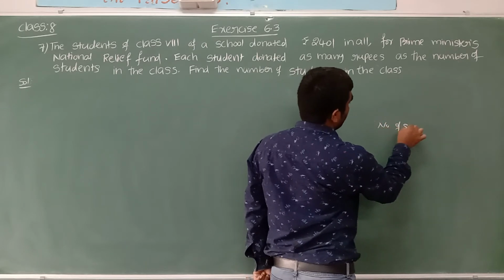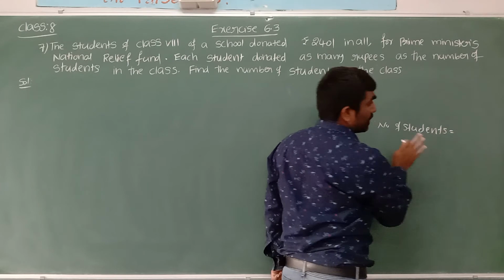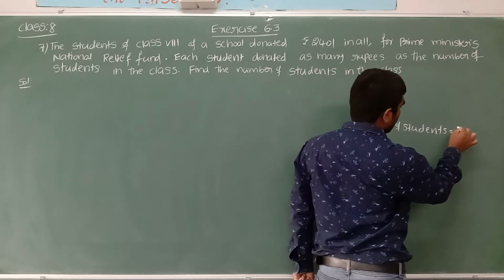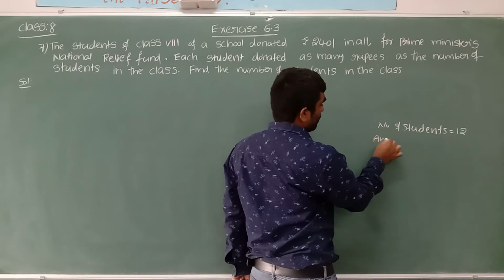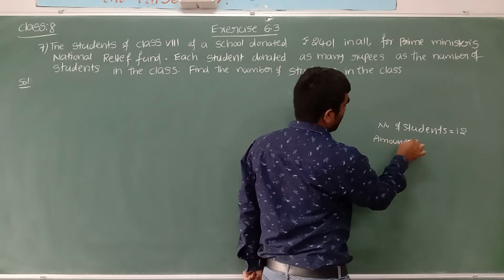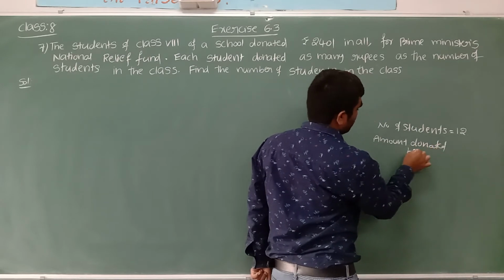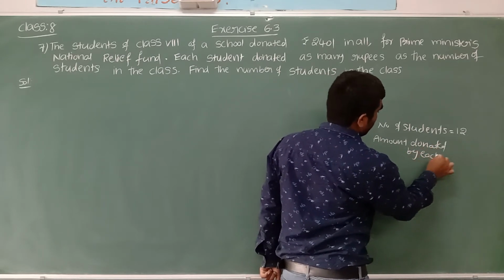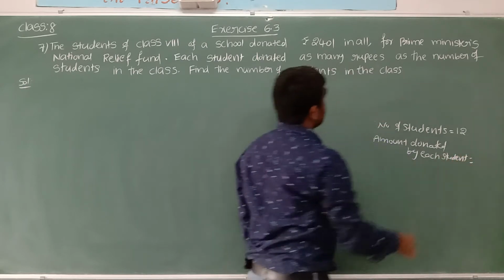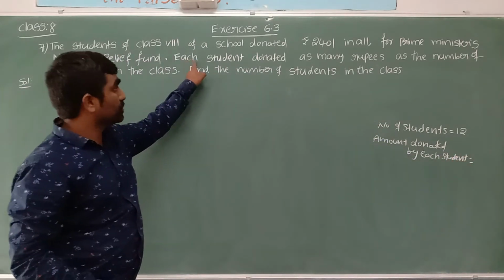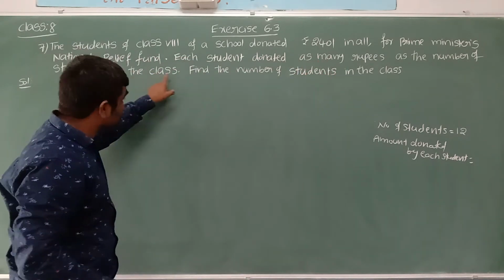Suppose we take one example first. Suppose the number of students in 8th class is 12. Then what is the amount donated by each student? According to the question, the student donated as many rupees as the number of students in the class.